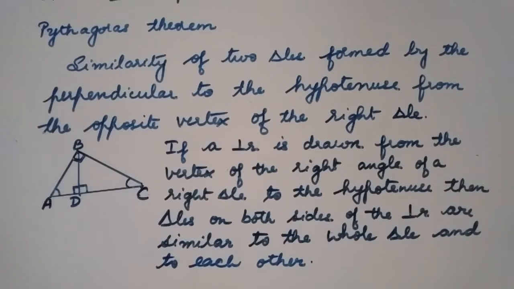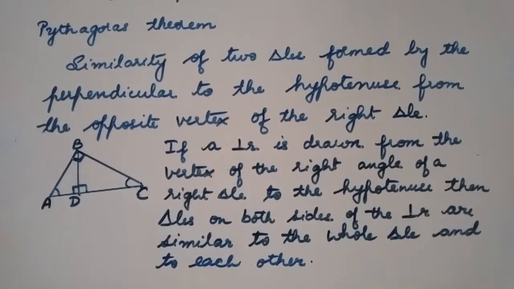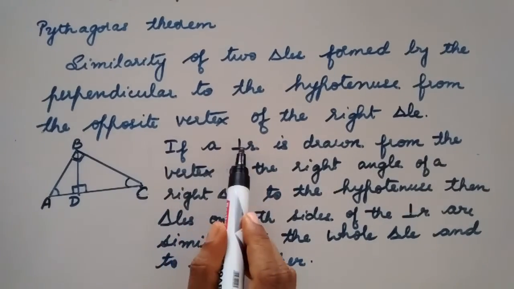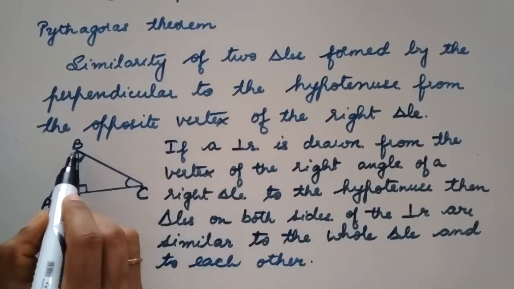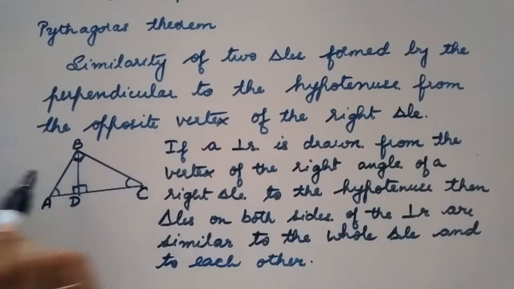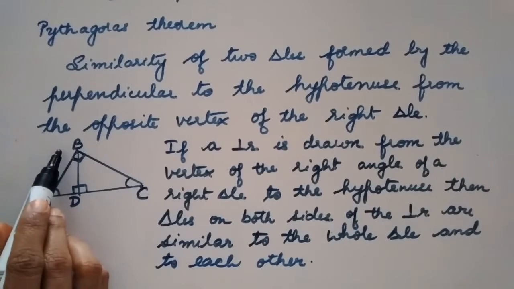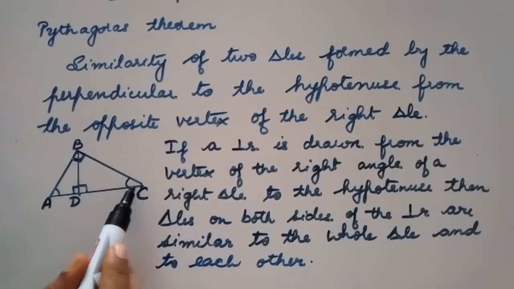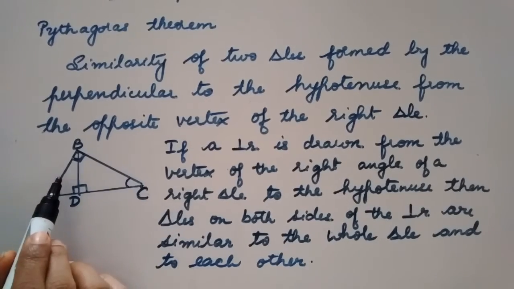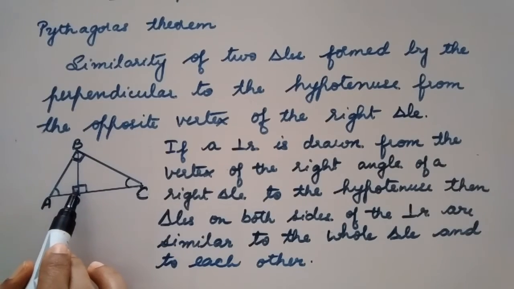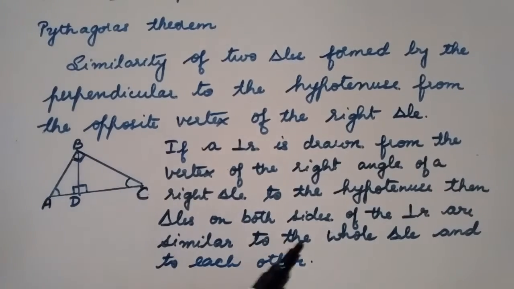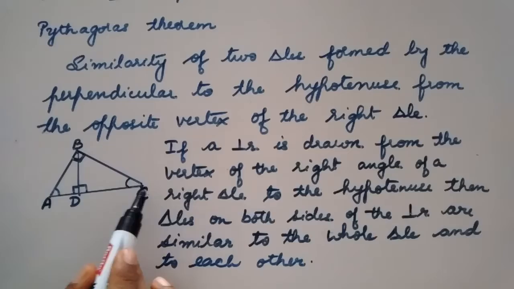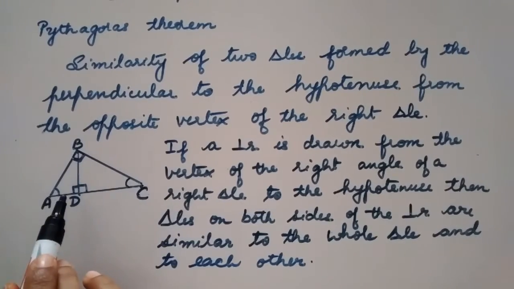If a perpendicular BD is drawn from the vertex, angle B being the vertex of the right angle of a right triangle ABC, to the hypotenuse AC, then the triangles on both the sides of the perpendicular, which are ADB and BDC, are similar to the whole triangle ABC and to each other.